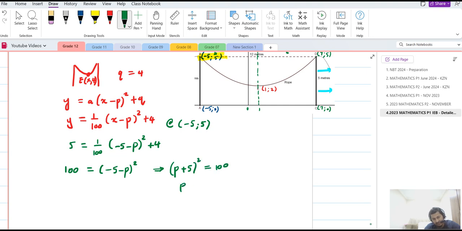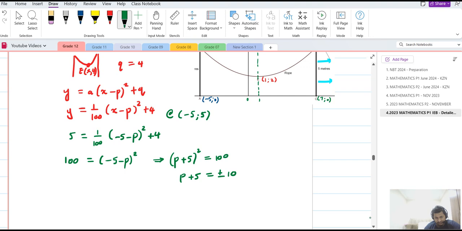So p plus 5 is equal to plus or minus 10. So p is equal to minus 10 minus 5, negative 15, we're going to write not applicable, or p is equal to 10 minus 5, which is 5.